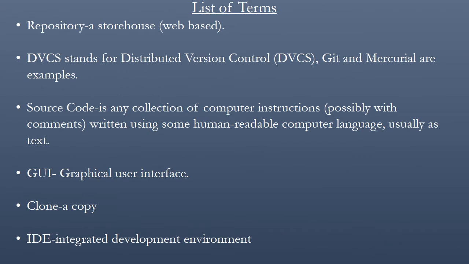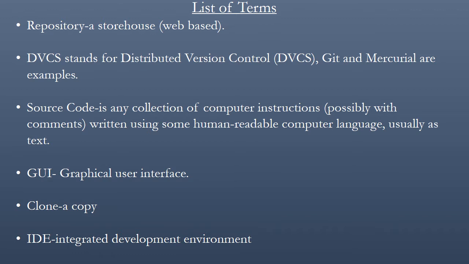Let's quickly cover a list of terms that will be helpful for this tutorial. Repository, a storehouse, in this case web-based. DVCS stands for Distributed Version Control. Git and Mercurial are examples.